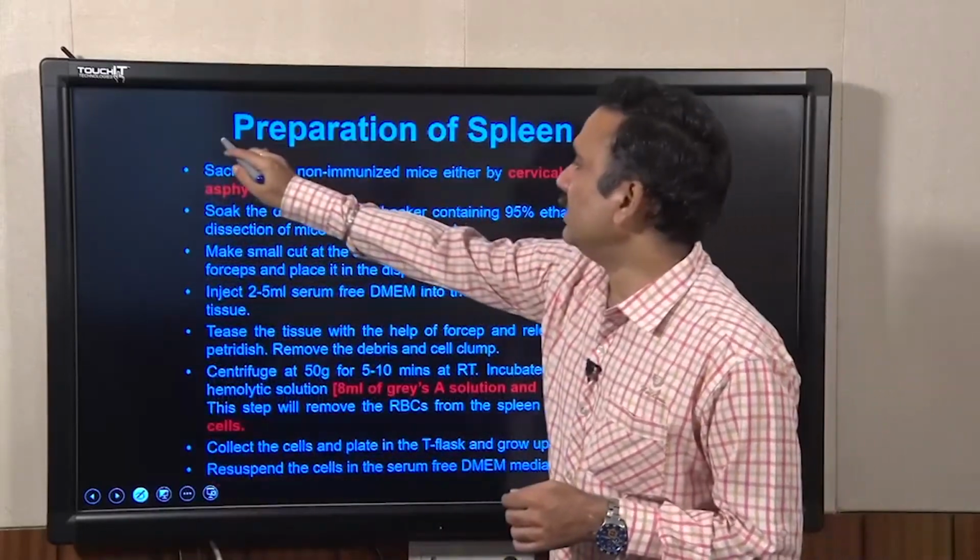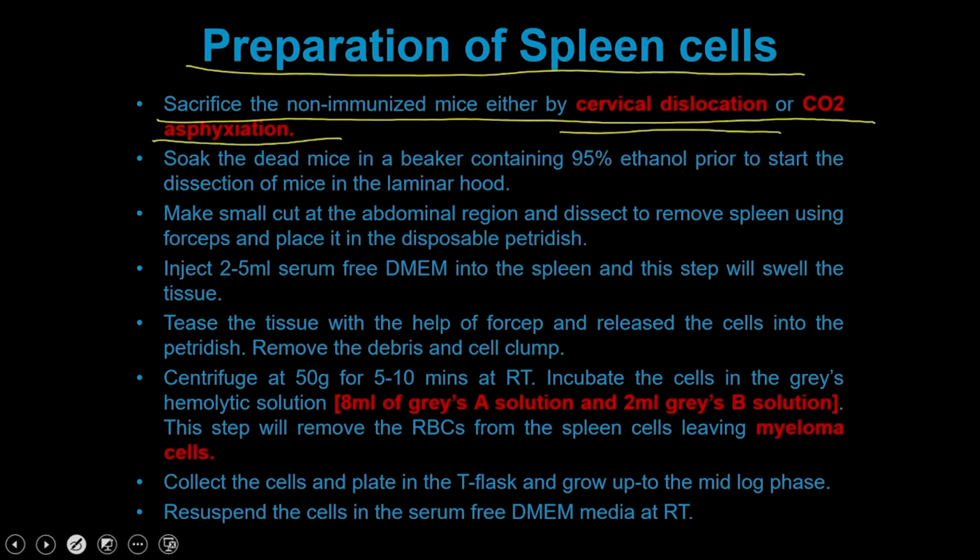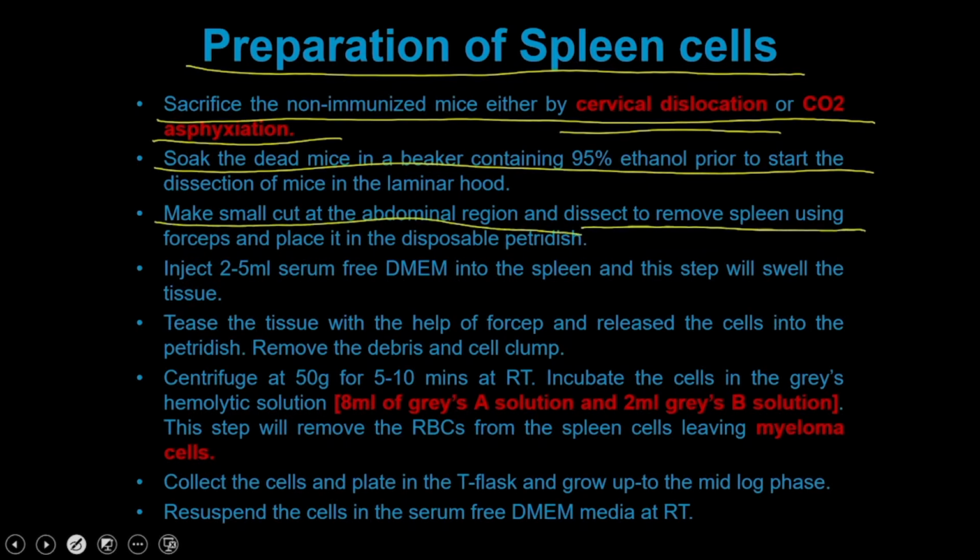Then you are going to prepare the spleen cells. Exactly the same way, you sacrifice the mice as we discussed before, either by cervical dislocation or CO2 asphyxiation. Then you sterilize the animal with the help of 95% alcohol. Then you make a small cut at the abdominal region and dissect to remove the spleen using forceps and place it into a disposable petri dish.